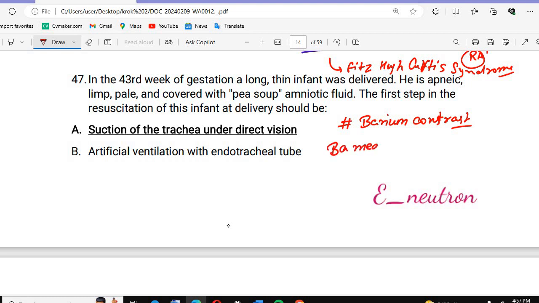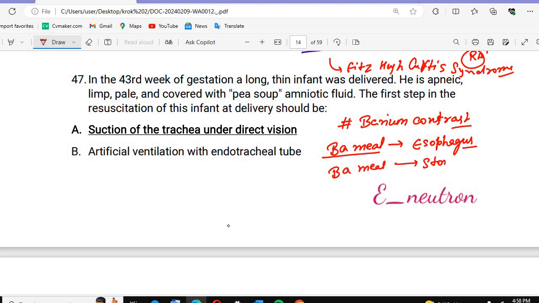So what does the barium meal do? When we are taking the barium, we put the contrast, or use barium as a dye. We put the contrast in our esophagus or in the mouth. So that is called the barium meal. So if any esophagus problem is there, which technique do we use? We put the barium meal. In case of the stomach as well, we use the barium meal.